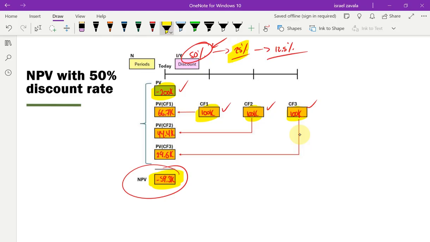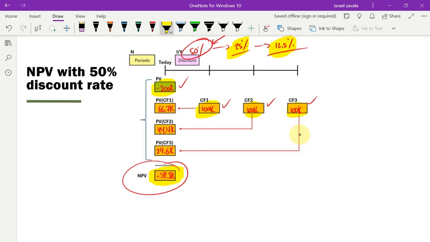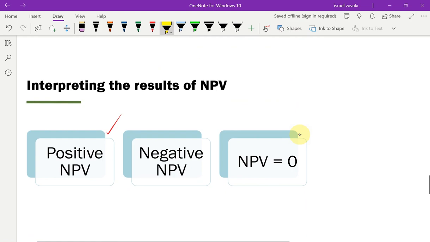It's not going to be worth your time to make the investment. Maybe at 25%, it's worth it. Maybe at 12.5%. We'd have to do the math to actually see that, right? But net present value helps us understand in today's dollars whether we should take on an investment. Okay, so NPV positive, we're bringing positive value to our company. We should take on the project.